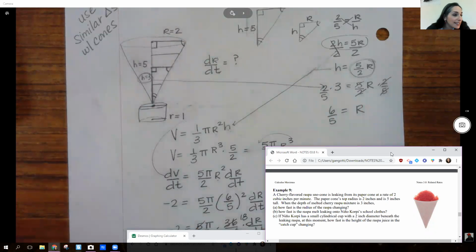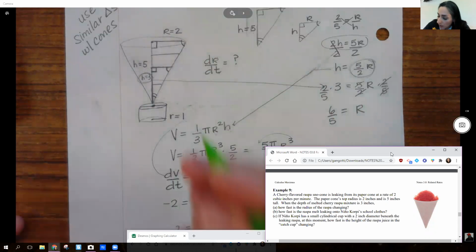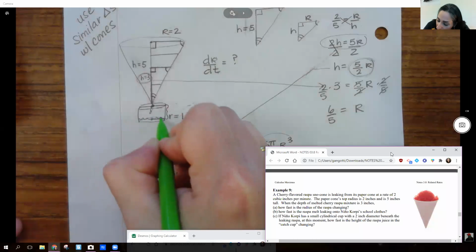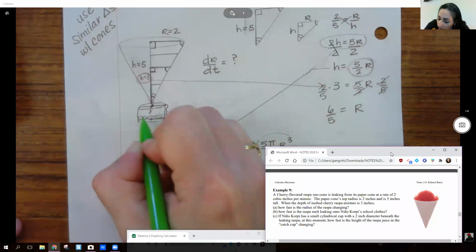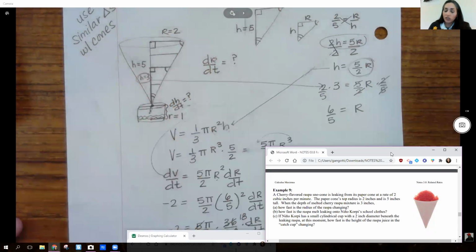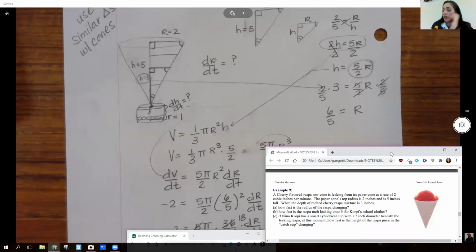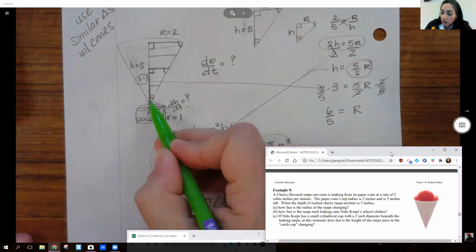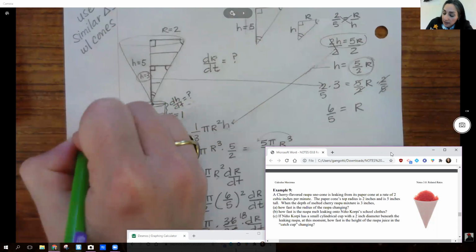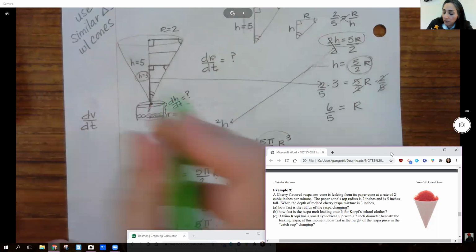So they're asking us, how fast is the height changing? So this is leaking out, right? And then it's forming a little bit here, and then it gets higher and higher. So how fast is the height changing? Well, we know that the amount of snow cone stuff leaking into the cone is a change in volume.